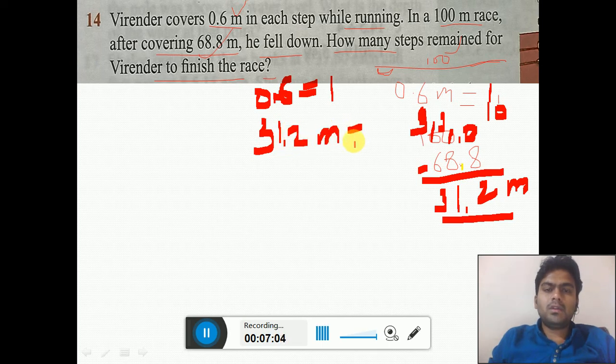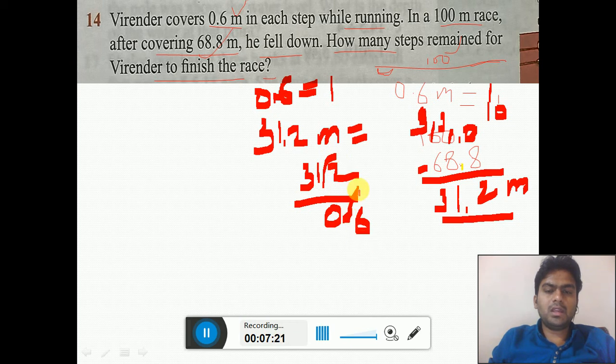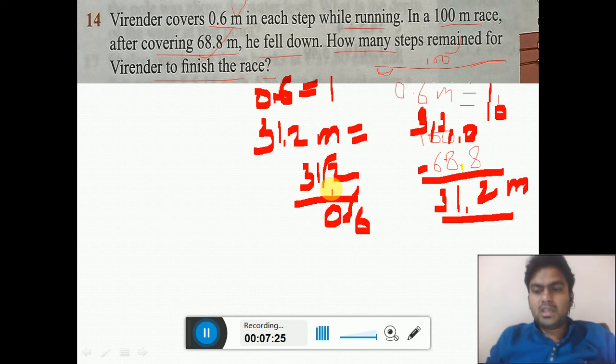So 31.2 meters of distance to cover, in how many steps? 31.2 upon 0.6. So from here the decimal we can remove, because both have the same number of decimal places.